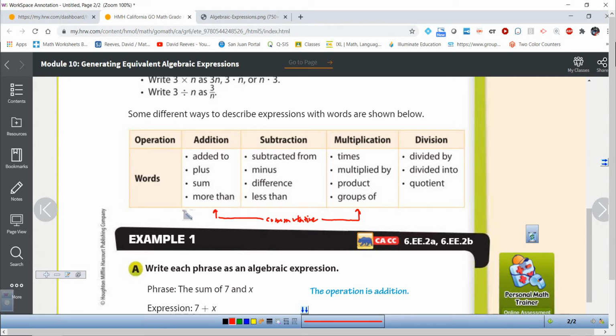So 3 plus 2 equals 2 plus 3, right? And 3 times 2 equals 2 times 3. So when you're writing an algebraic expression involving addition, the order doesn't matter. You can switch the order around.